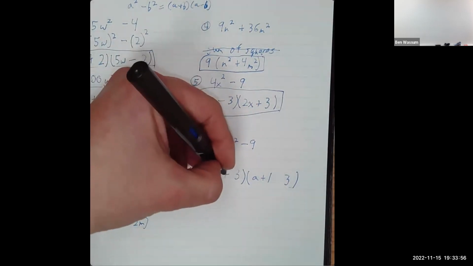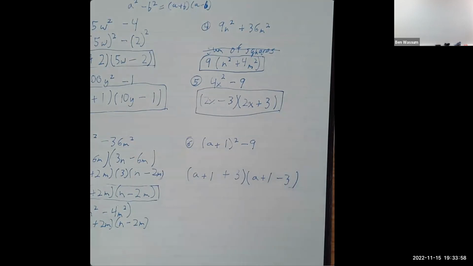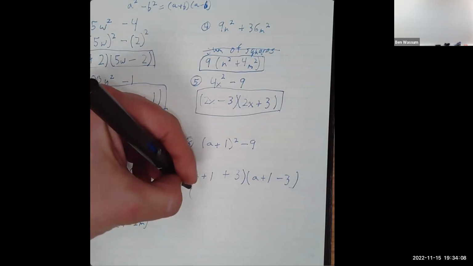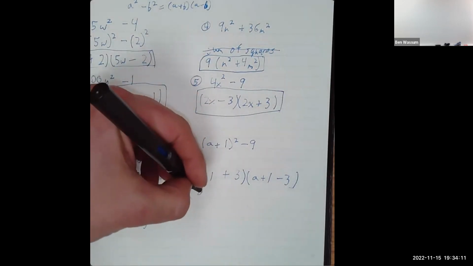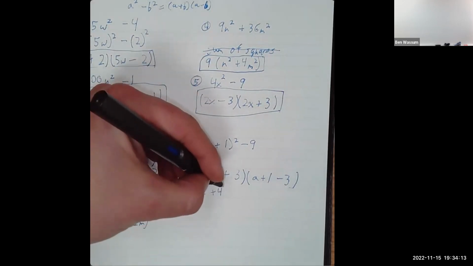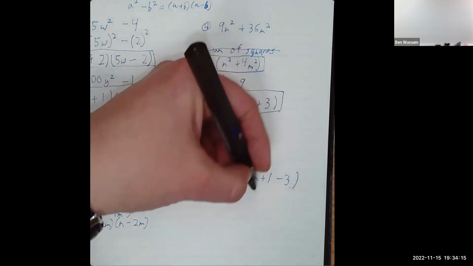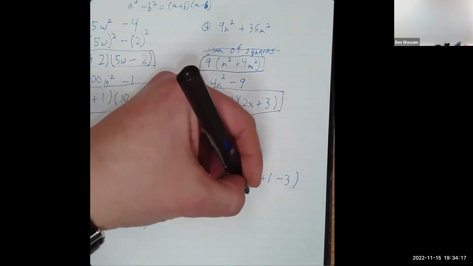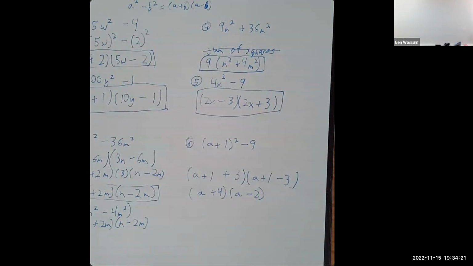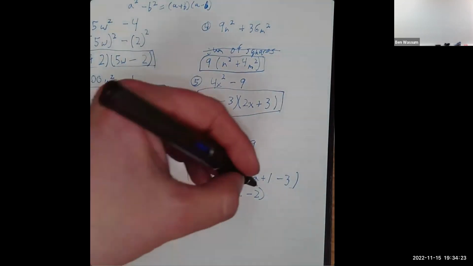Then you'd have a plus and a minus in between, right? Well, wait a second. Those both have like terms, right? A plus 1 plus 3, that's a plus 4. A plus 1 minus 3, that's a minus 2. That's as simple as you can get it.